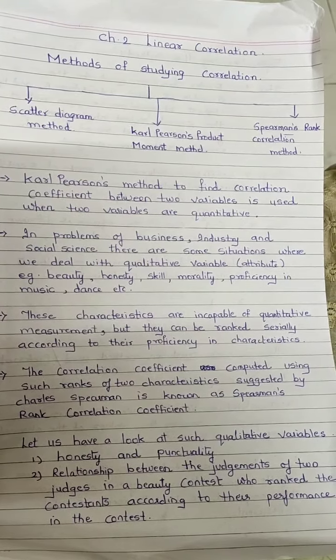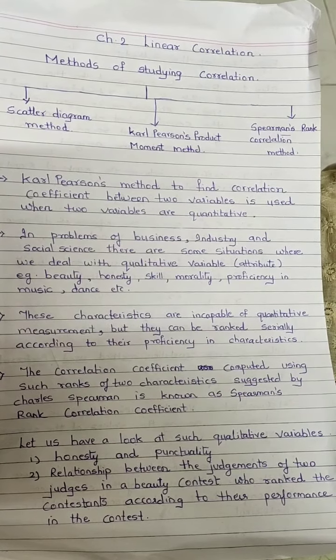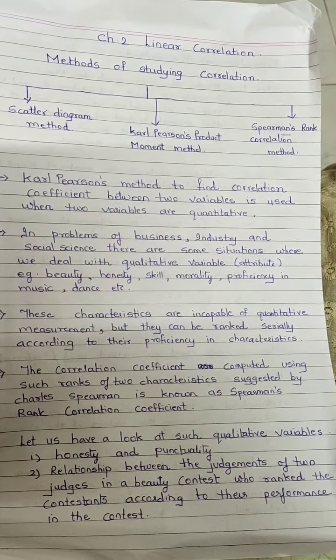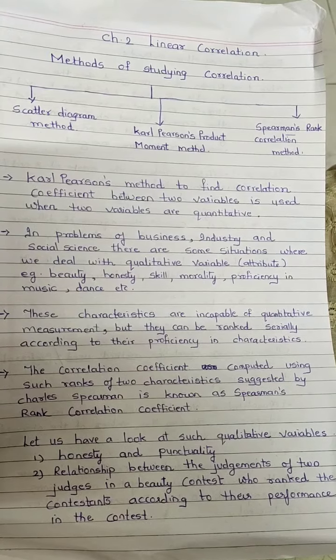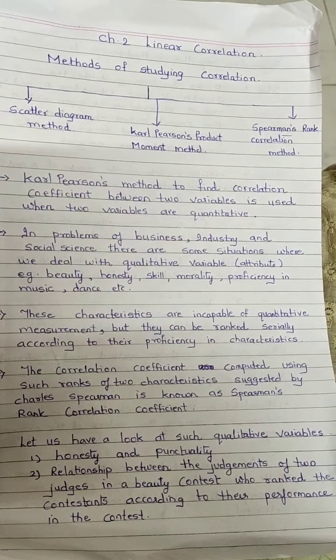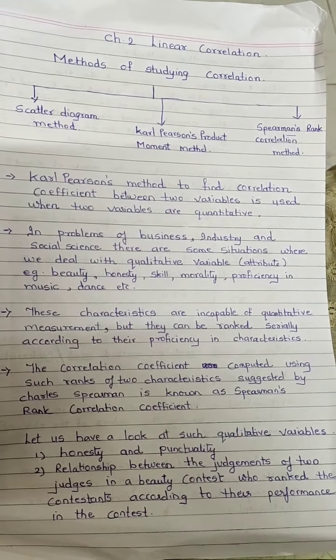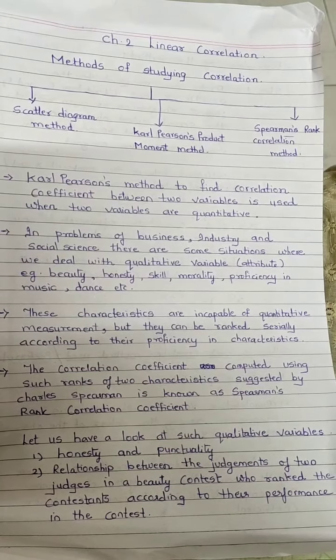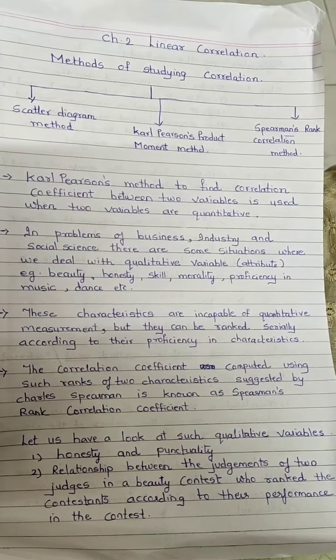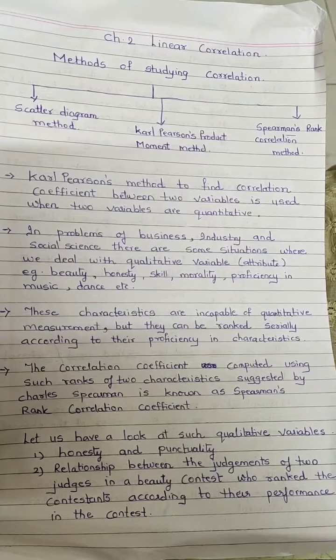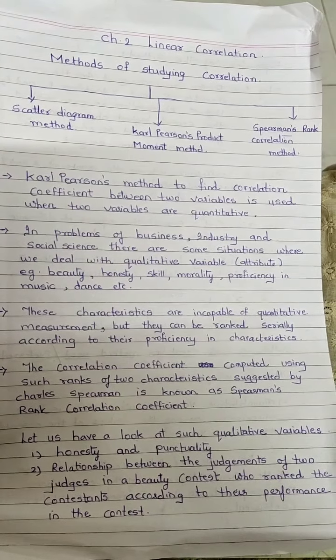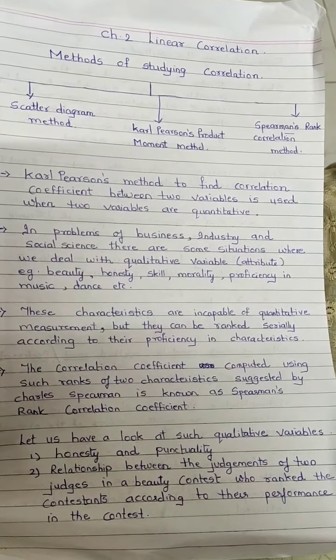Example, beauty, honesty, skill, morality, proficiency in music, dance, etc. For all these attributes, the qualitative variables, we can only say whether they are present or not.